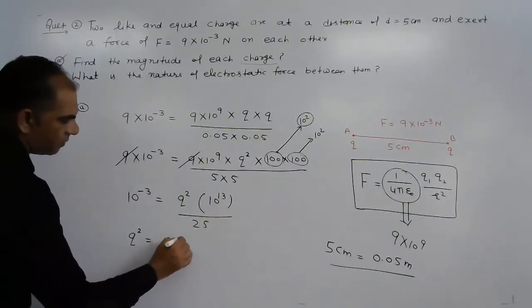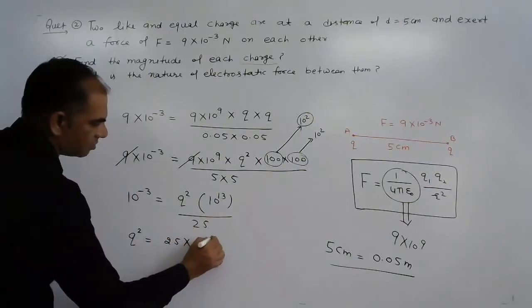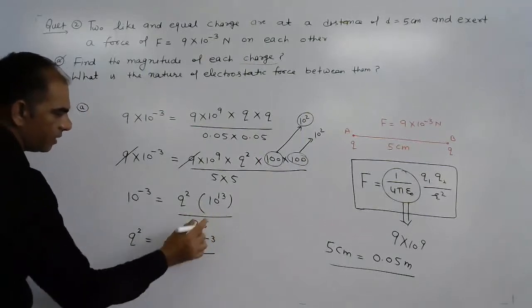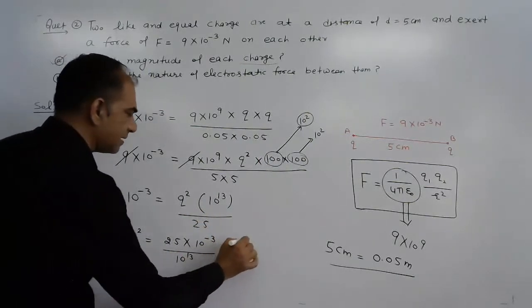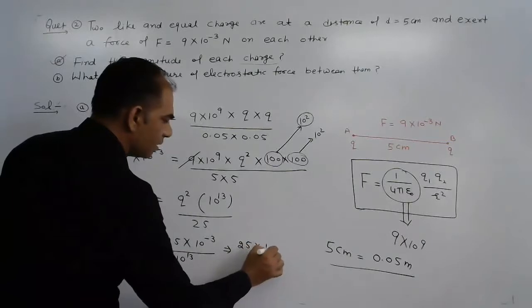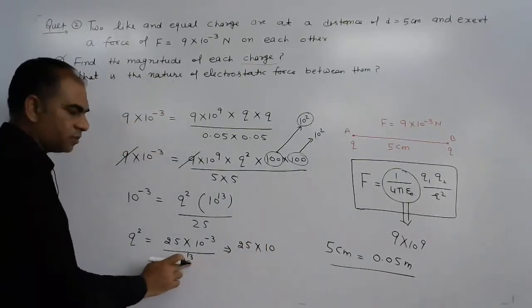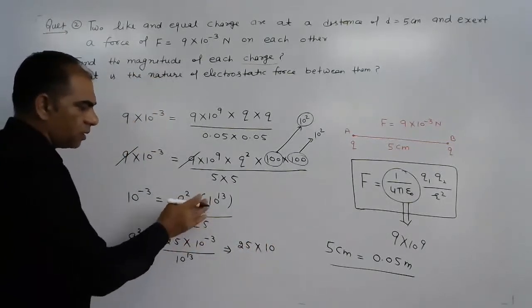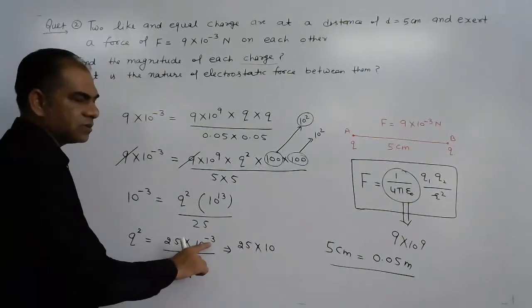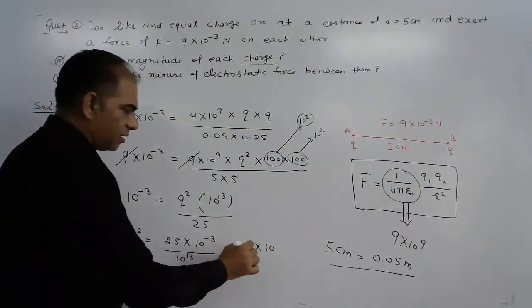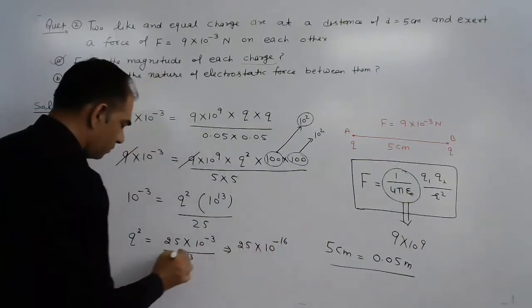This goes here: Q square is 25 into 10 raised to power minus 3 divided by 10 raised to 13, and simply we write 25 into 10 raised to power. The positive power goes upward and becomes negative, minus 13, and this is also minus 3, so it becomes minus 16.